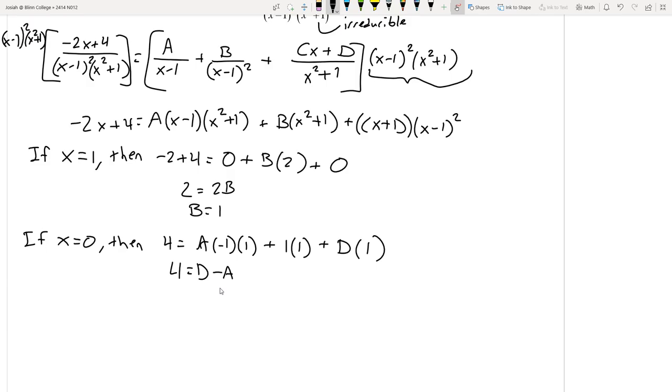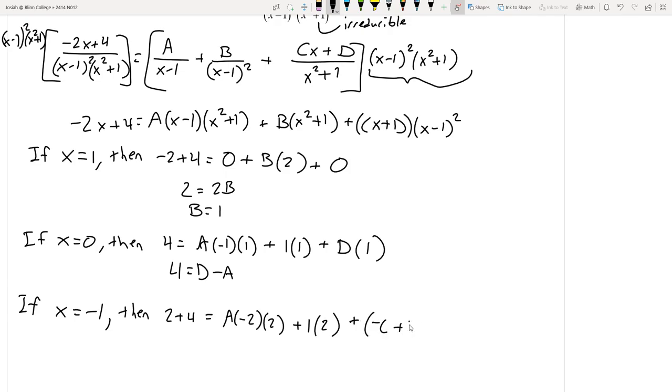So we're going to have to figure out something else as well. We're going to have to, in fact, just plug in some different x's, again keeping things as simple as possible so that eventually we can get, hopefully, a system of equations we can deal with. So probably the next simplest x value we can use is negative 1, just to keep the magnitude small. So we'll have positive 2 plus 4. Then we have negative 1 minus 1, negative 2, times 2, plus 1 times negative 1 squared is positive 1 plus 1 is 2, plus we have negative c plus d, and negative 1 minus 1 squared is 4.